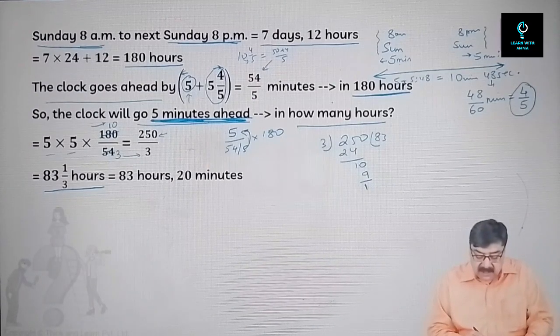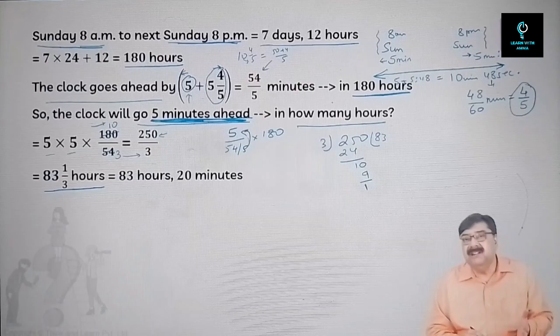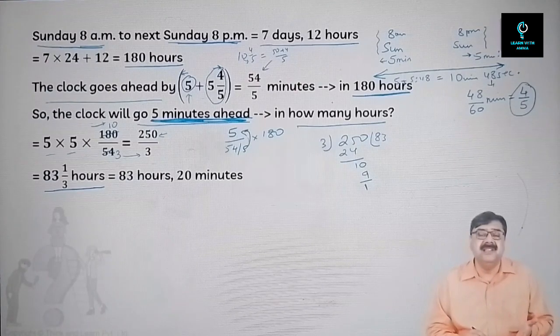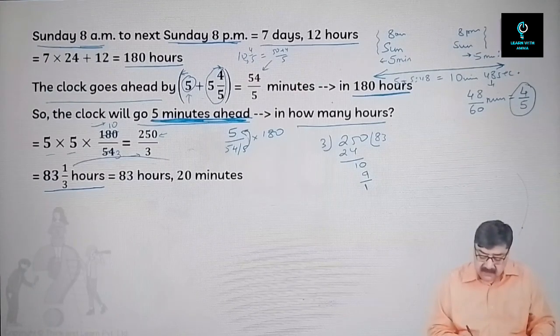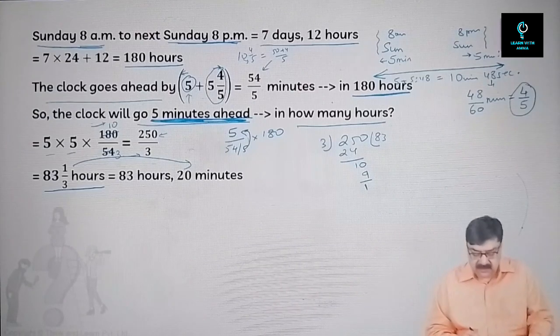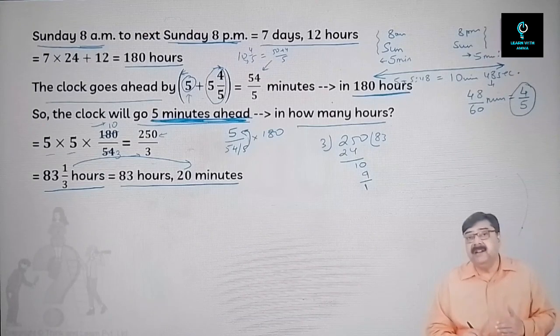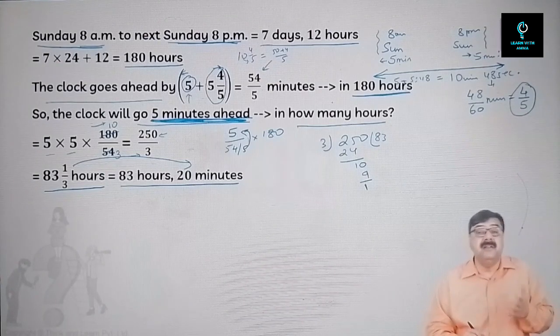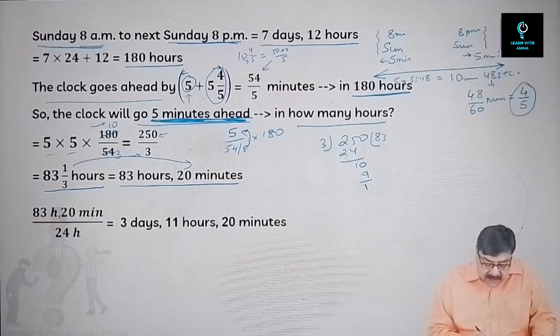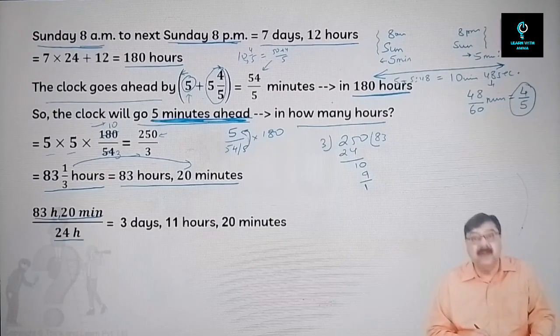Now how much is 1 by 3 hours? 1/3 of an hour has 60 minutes, so 1/3 of that will give us 20 minutes. So 83 hours and 20 minutes. Now 83 hours and 20 minutes means how many days and how many hours and minutes? So 83 hours and 20 minutes we divide by 24 hours.